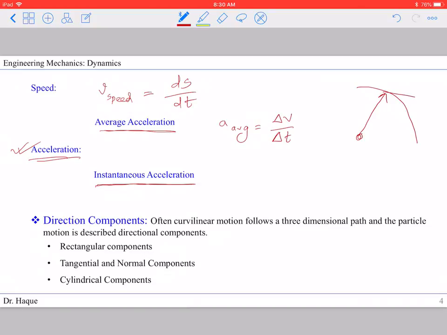Velocity will be tangent to the curve. So this velocity v is tangent to the path of the particle, and after time delta t, the new velocity at this position is v1. Both of them are vectors, and v1 and v are tangent to the particle path.